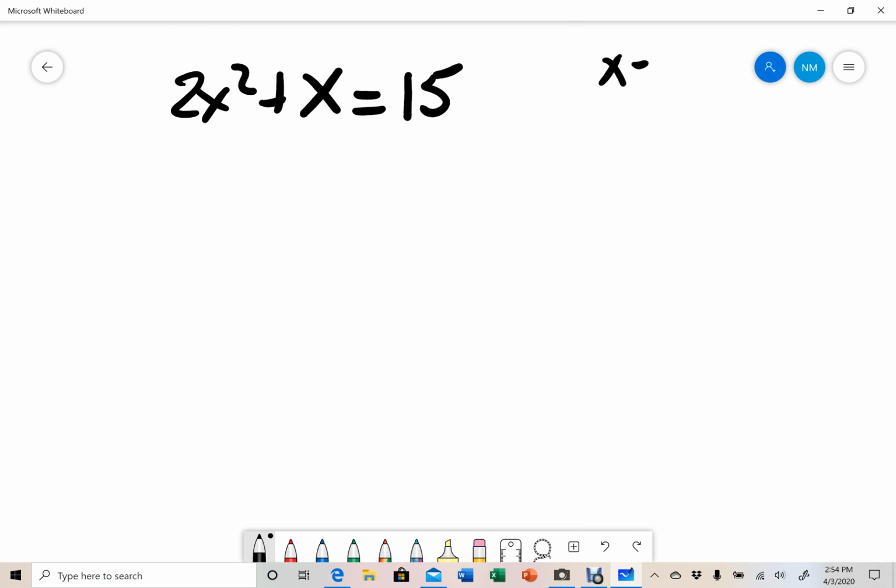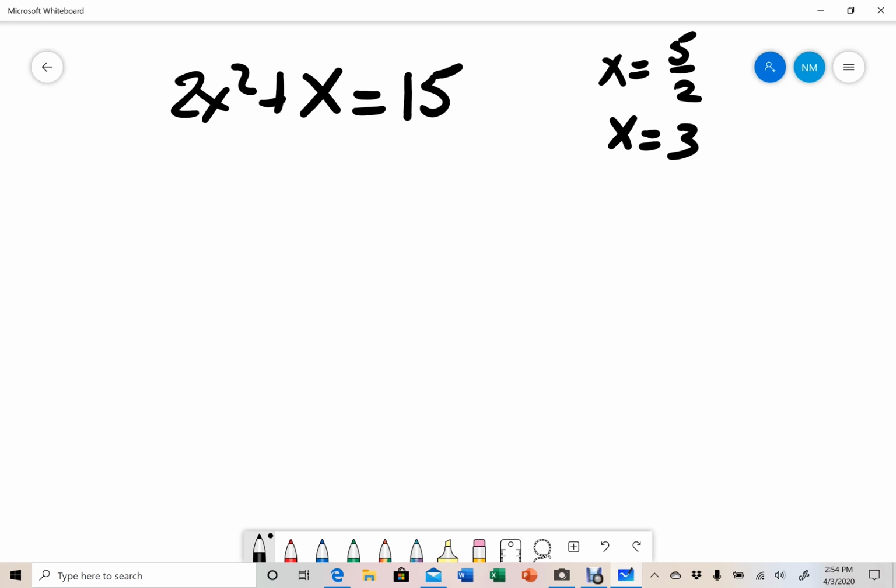My equation was 2x squared plus x equals 15. I'm going back to my original equation, how it was written, and that's where I plug in my x's.